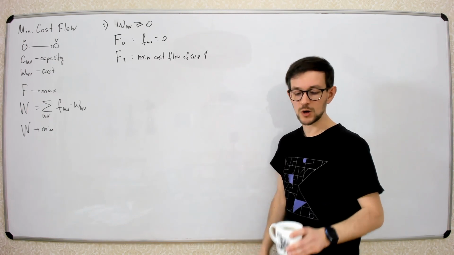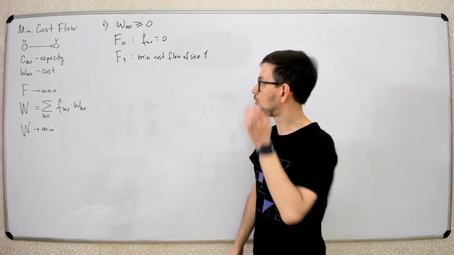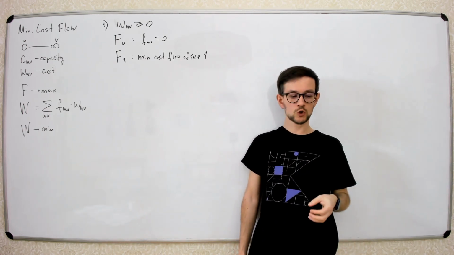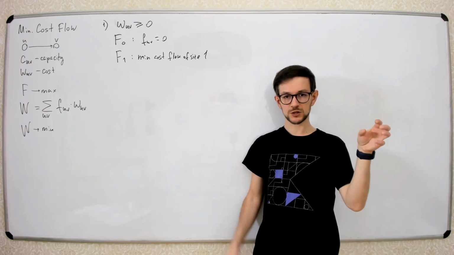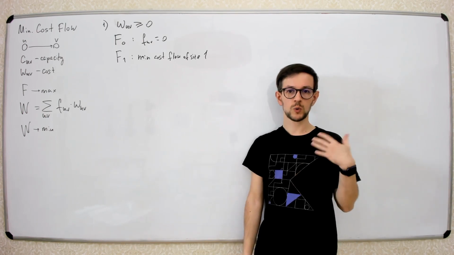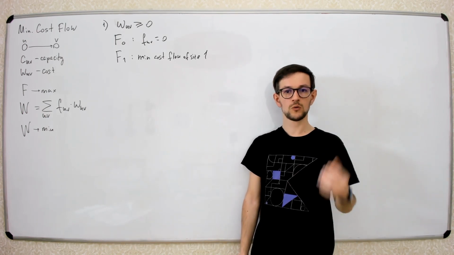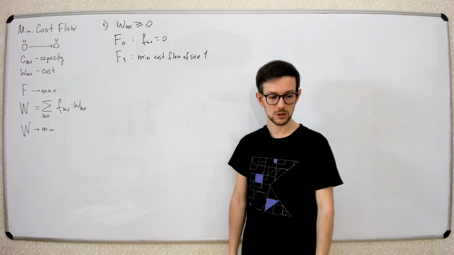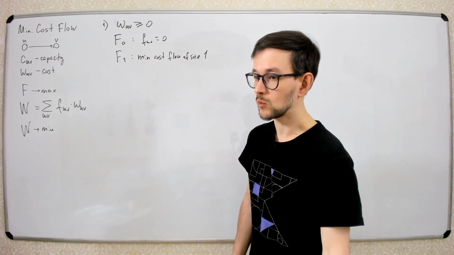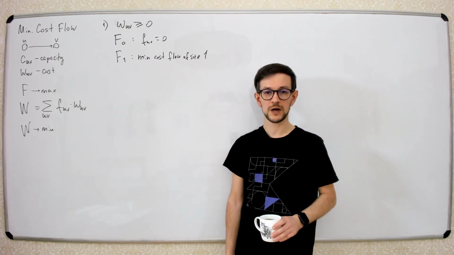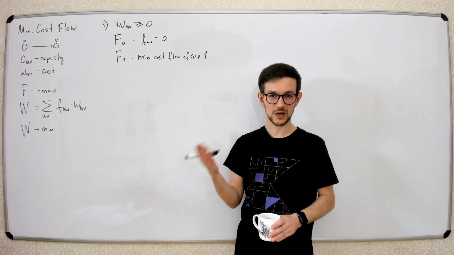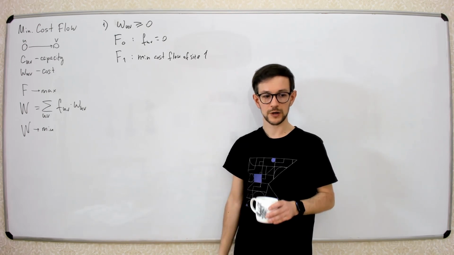So you have, again, you have a network, right? All costs are non-negative. You want to push 1 unit of liquid from S to T. What will the flow look like? Again, what does the flow look like if you take any flow of size 1? How does it look like?